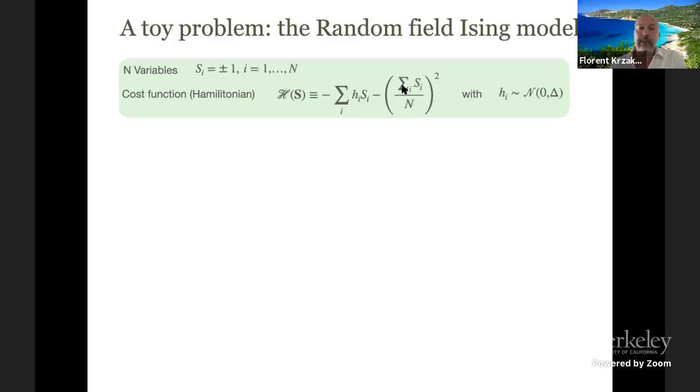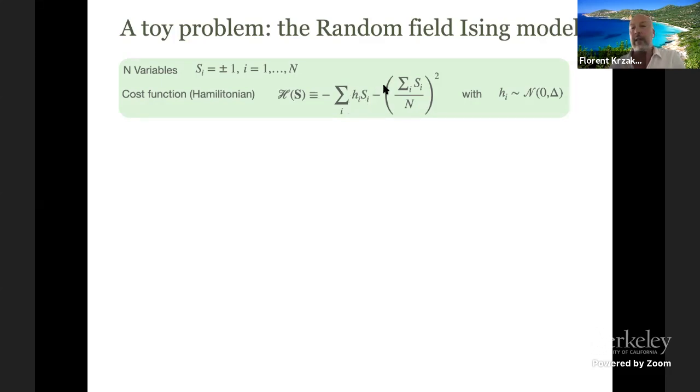It's just this term, which is the sum of s divided by n, squared, with a minus sign here. So if we want to minimize this, it's easy. What we need is to have these s's all have the same sign, all plus or all minus, that will be the trick. And we have this additional term here, minus the sum over i of h_i, what physicists call fields, times s_i.